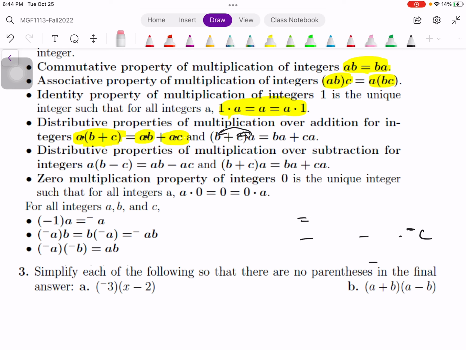Okay, so that's what I want to point out here. I don't want to get into much detail, but we have the distributive law of multiplication over subtraction. Here was supposed to be minus, not plus.